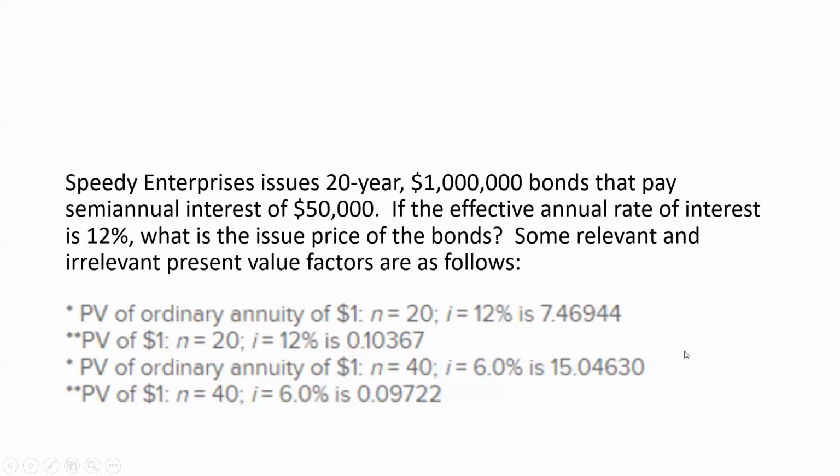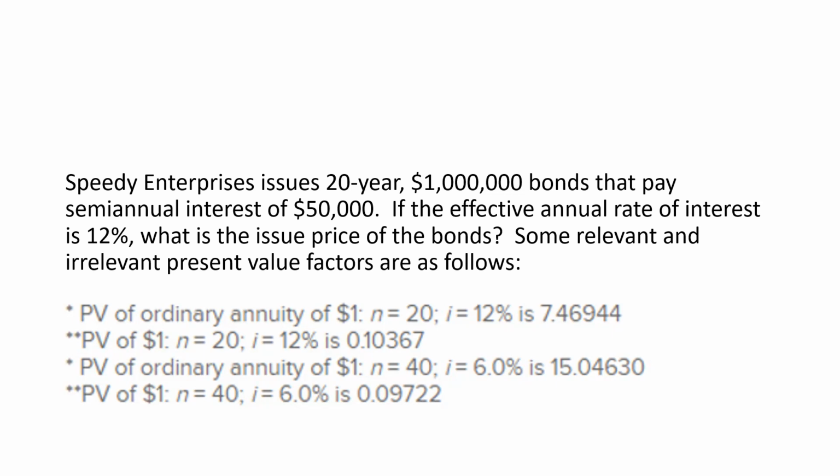Okay. Speedy Enterprises issues a 20-year, $1 million bond that pays semi-annual interest of $50,000. If the effective annual rate of interest is 12%, what is the issue price of the bonds? Some relevant and irrelevant present value factors are as follows. So this is where we have to figure out how much are they actually selling the bond for.